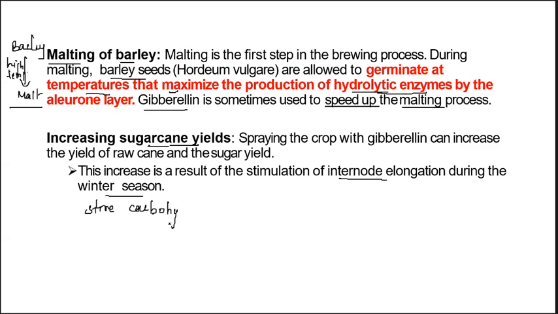What we know is that plants store carbohydrate in the form of starch, but sugarcane is an exception which stores carbohydrate in the form of sucrose instead of starch.